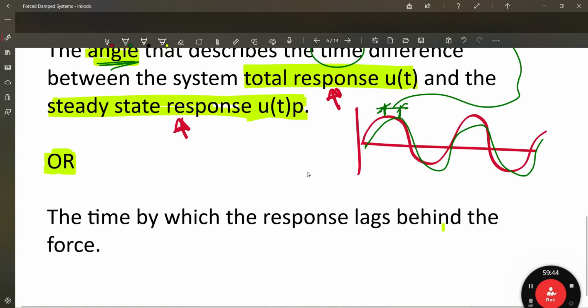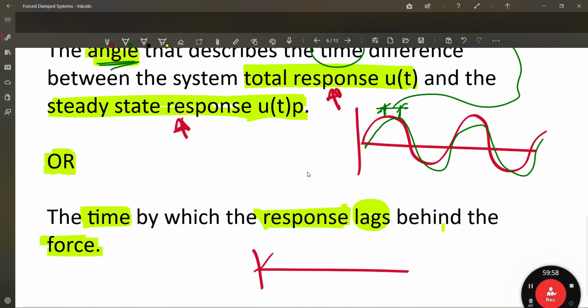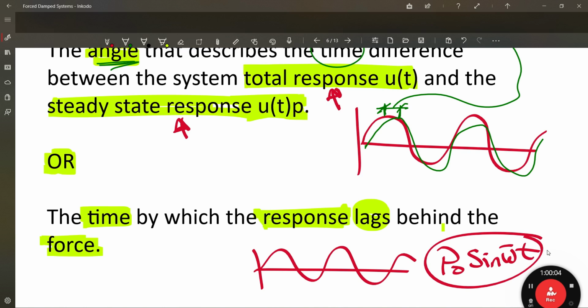Other people define it simply as the time by which the total response lags behind the force. We have a force, P node sine omega bar t, a harmonic force being applied.